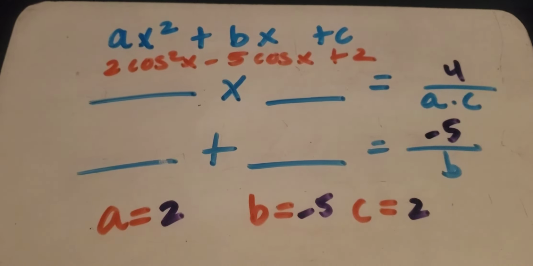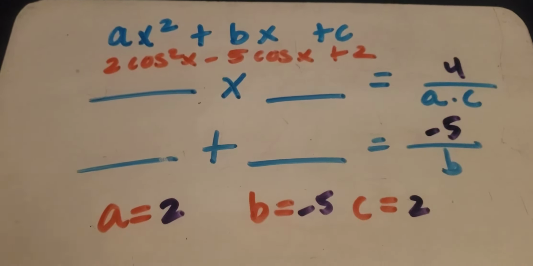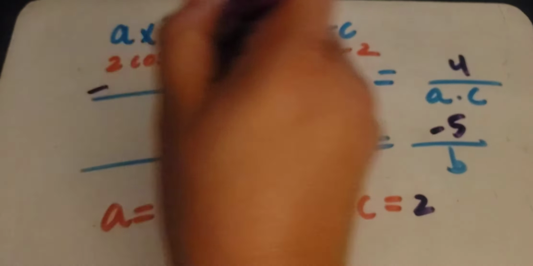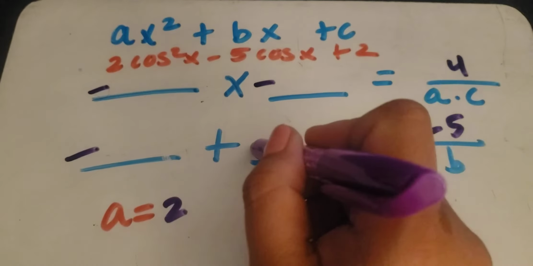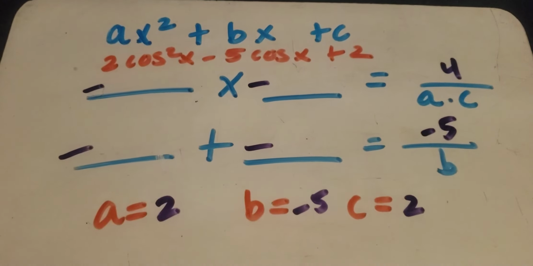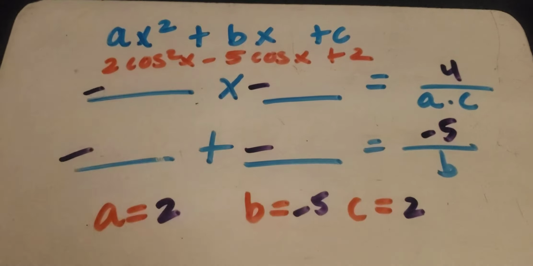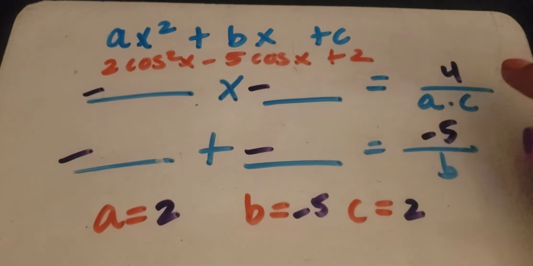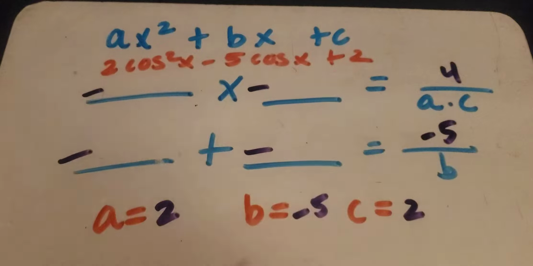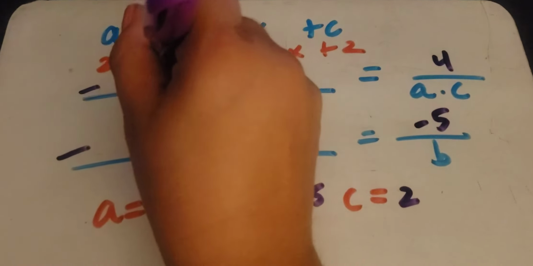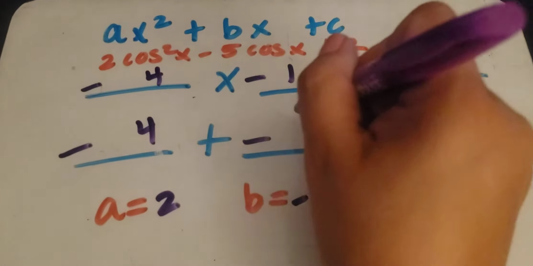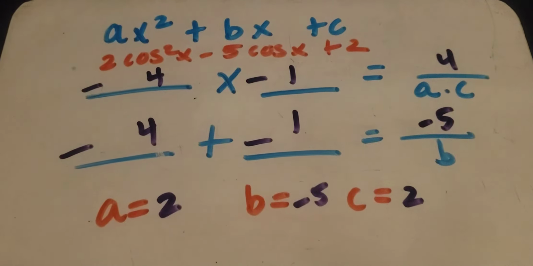So when do you multiply two numbers and get a positive, but then add and get a negative? When they're both negative. A negative times a negative is a positive, and if you add two negatives, you should still get a negative. Now, did you figure out those two factors? You should have gotten negative 4 and negative 1.